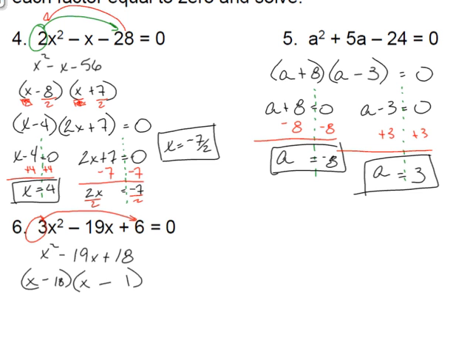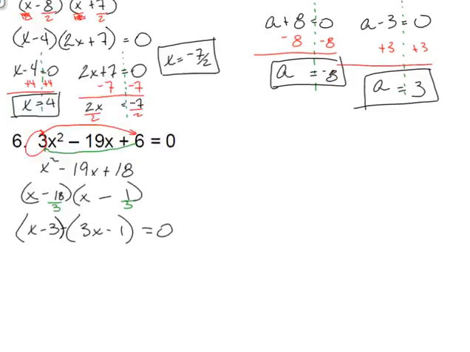I now move my 3 back the other way by dividing. So I have x minus 3 and this one becomes 3x minus 1, and that's equal to 0.